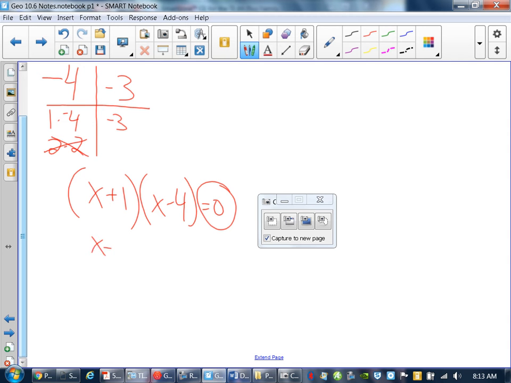So you set both of these equal to 0. What plus 1 is 0? -1. What minus 4 is 0? 4. And that's how you factor.